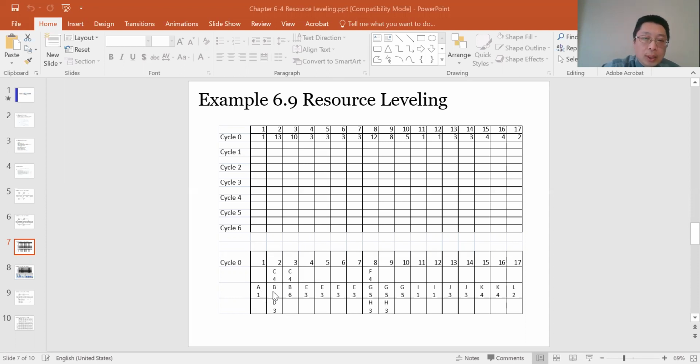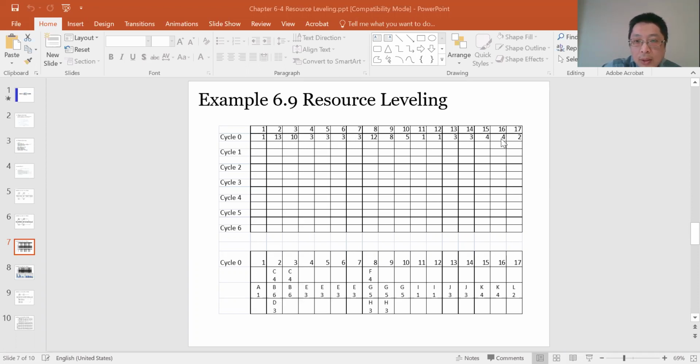Now, the next question is, what is this table for? This table is the distribution. It sums up all the resource needed for that day. For example, the first day needs 1 resource. For the second day, 4 plus 6 plus 3, this day needs 13. Day 3, 4 plus 6, this is 10, and so on.